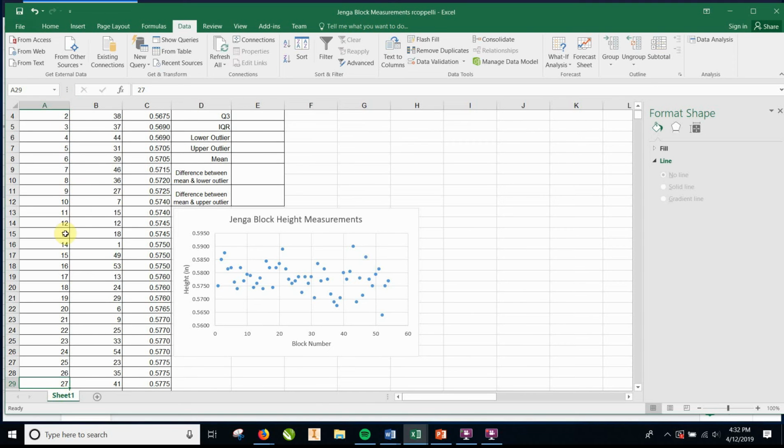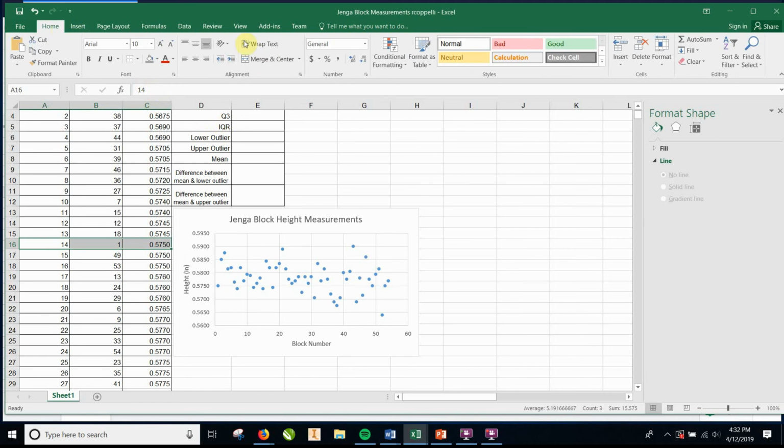So 1 through 13, and then from 14 through 27, there's 13 numbers here and 13 numbers up here. So 14 is our first quartile. It says to highlight this in yellow, so I'm going to go to home and fill, and highlight it in yellow. That's my first quartile.